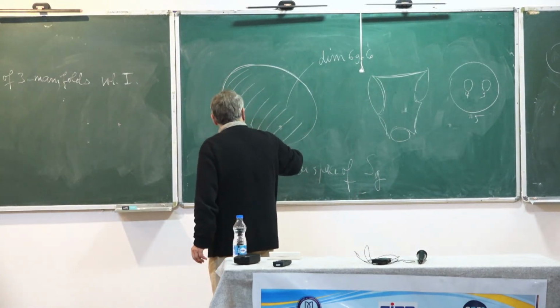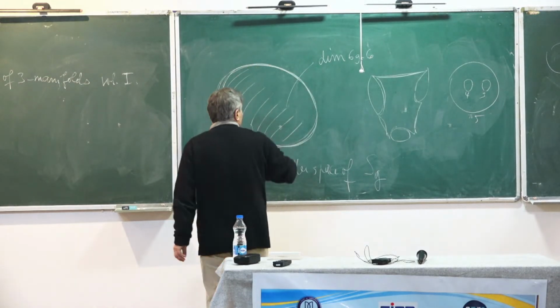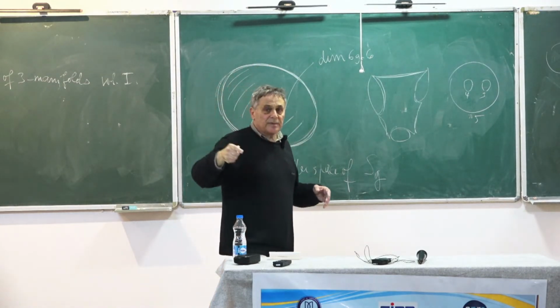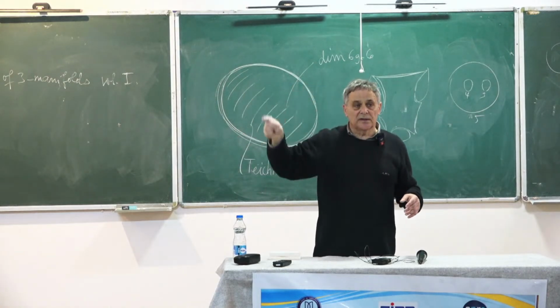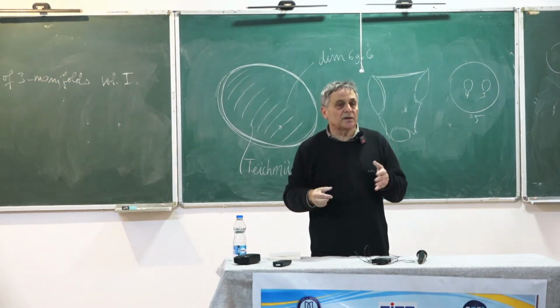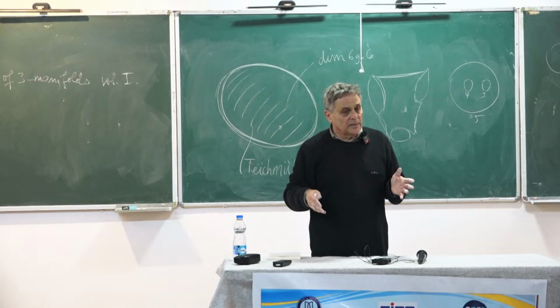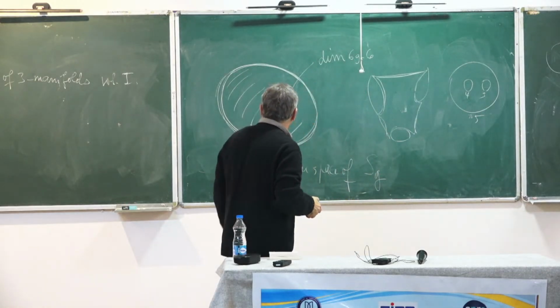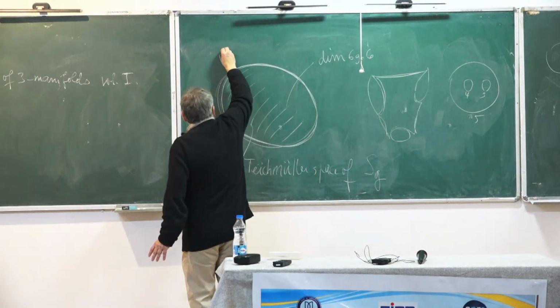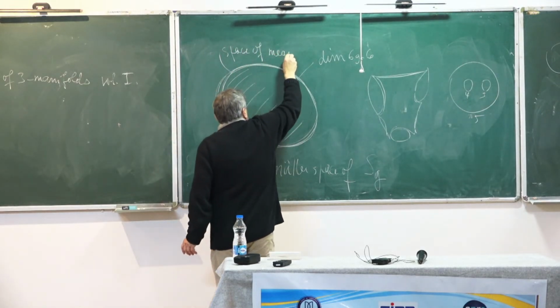Like you have hyperbolic space, we said that there's a boundary circle, right? And hyperbolic space of any dimension has a boundary sphere. And here the Teichmüller space has a boundary, which is the space of measured foliations.